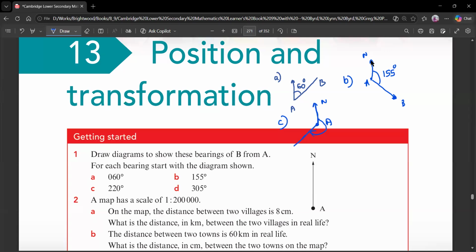From A to B, the measurement is 220 degrees. Here should be B, exactly 220 degrees. It's always starting from the north direction.